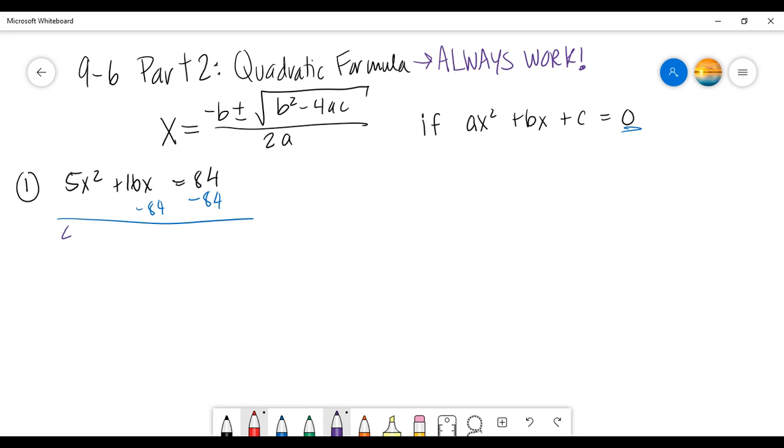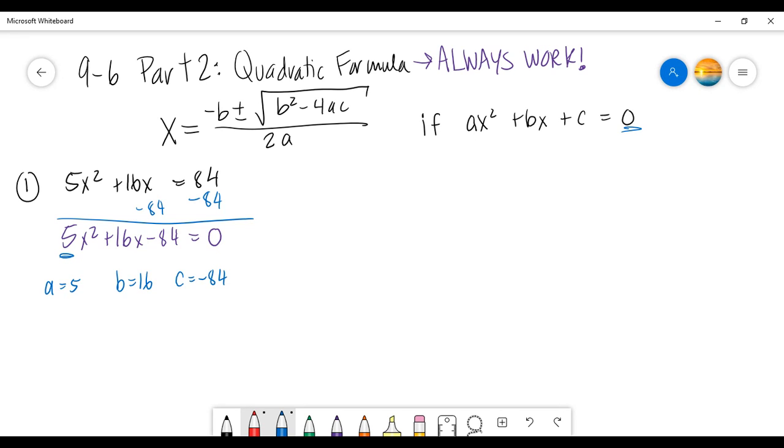When we do that, we're going to notice that 5x squared plus 16x can't combine with 84. They're not like terms. So we just write it as 5x squared plus 16x minus 84 is equal to 0. Now we have a quadratic in standard form, and we can identify our a as 5, our b as 16, and our c as negative 84.